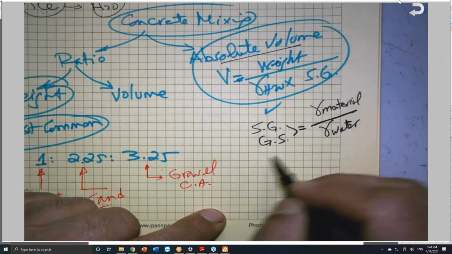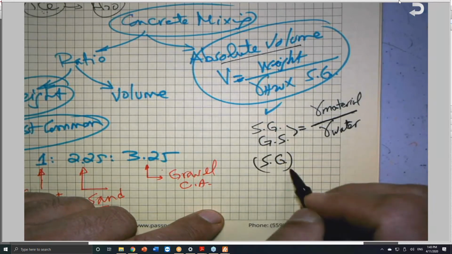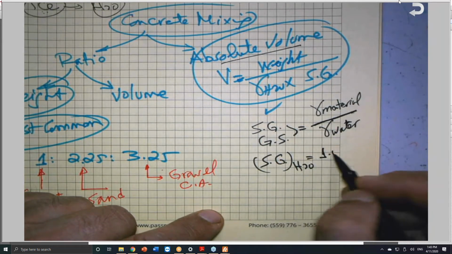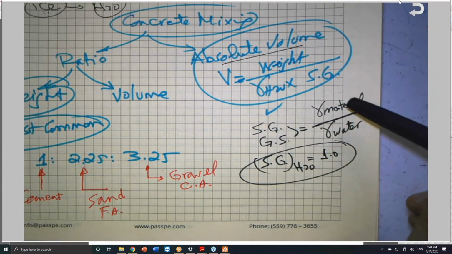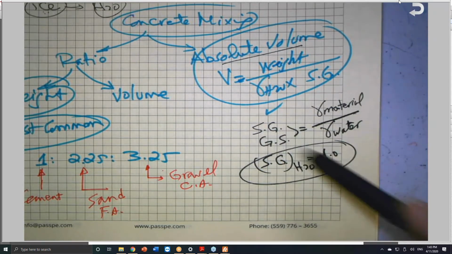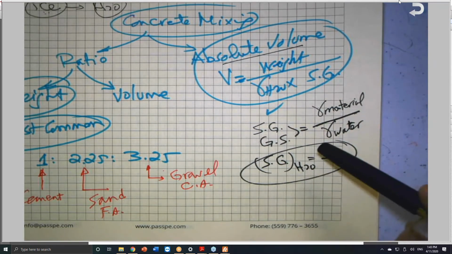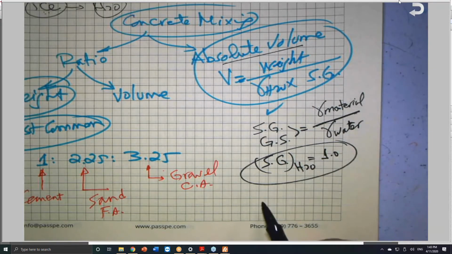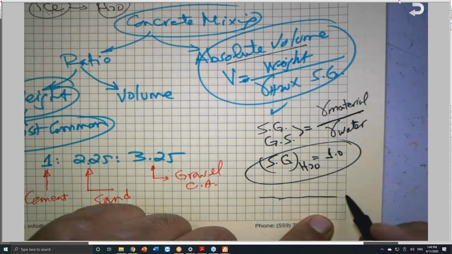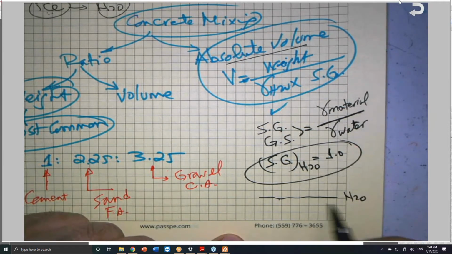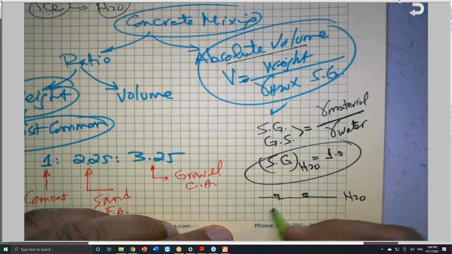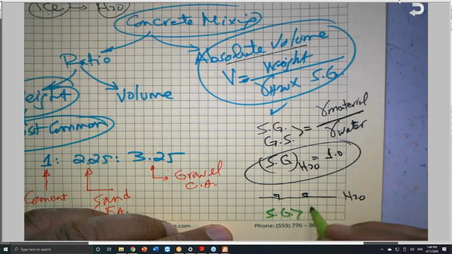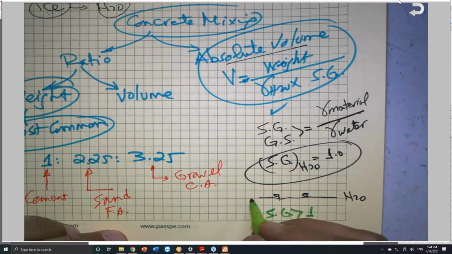What is the specific gravity of water? It is 1, because gamma water over gamma water is 1. But any material that will sink in the water has a specific gravity greater than 1, like our aggregate at 2.65. This is the surface of the water. Any material that sinks has a specific gravity greater than 1.